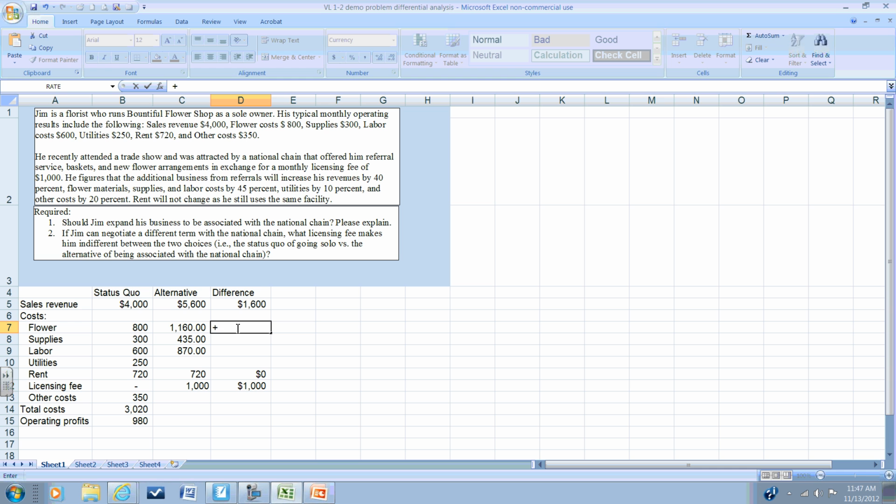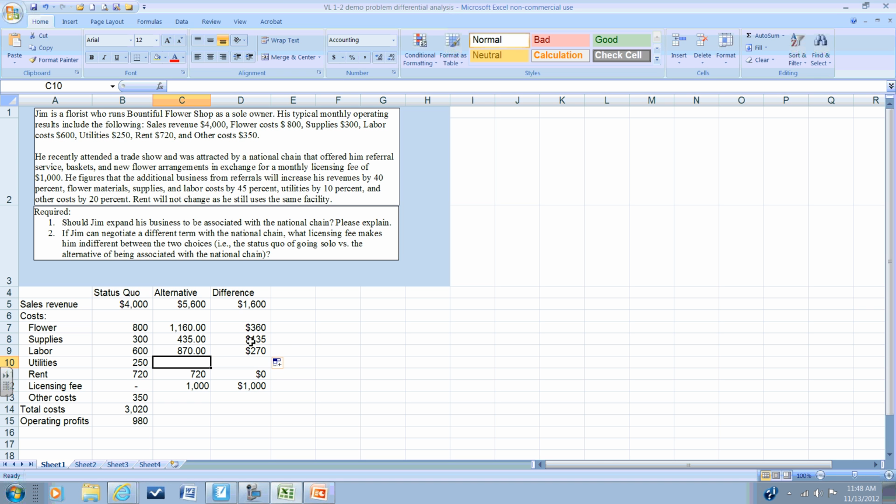And again, our differential cost is going to be our alternate cost minus our status quo. Copy and paste that. So we can see that while we'll have increase in some costs, other costs will remain fixed. These costs will vary. The rent is fixed. Now let's take a look at utilities.